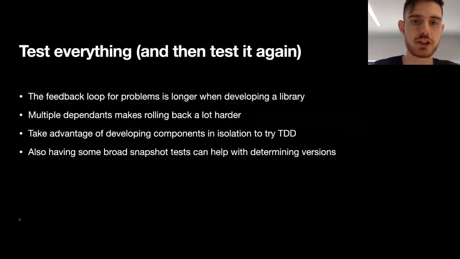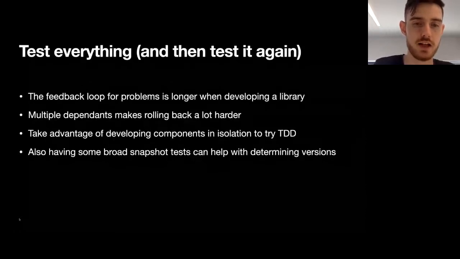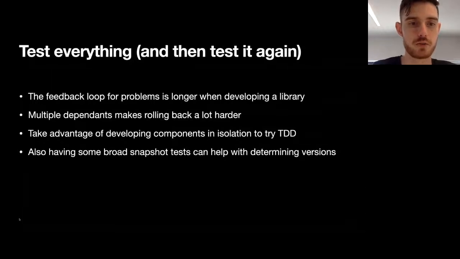And so by having some broad snapshot tests of everything, it allows us to do that, because conventionally making a change in the text package shouldn't fail tests in the button package. And with our unit tests, it doesn't. However, with our snapshot tests, it does. And so that means that it's very easy to update a snapshot, but it gives us that warning flag that the button component, for example, in this case, needs to increment its version as well to go along with the changes that have been made.